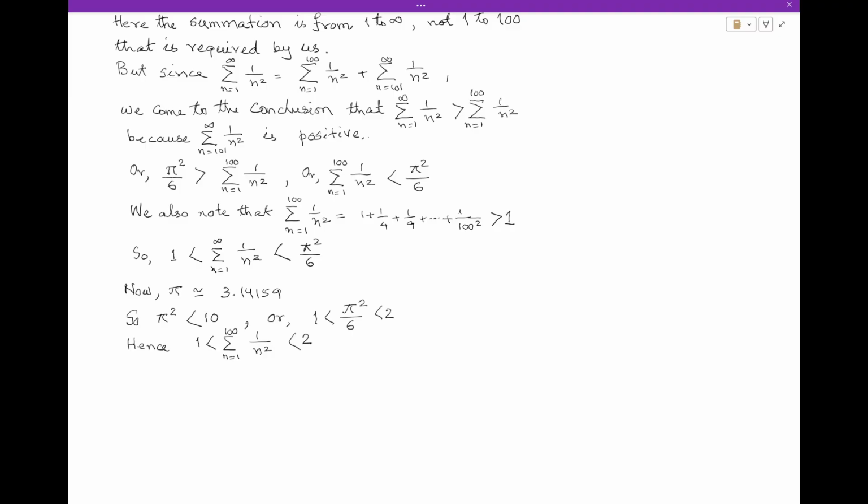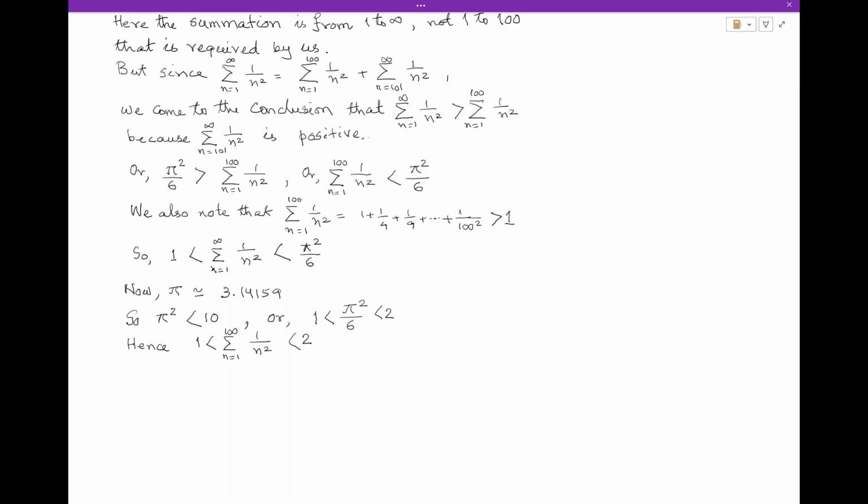Obviously, since the first term is 1 and other terms are all positive and adding to it, this value is greater than 1. Hence, this term has to be greater than 1 and less than pi square by 6, or 1 is less than summation n is equal to 1 to infinity 1 by n square, which is less than pi square by 6.